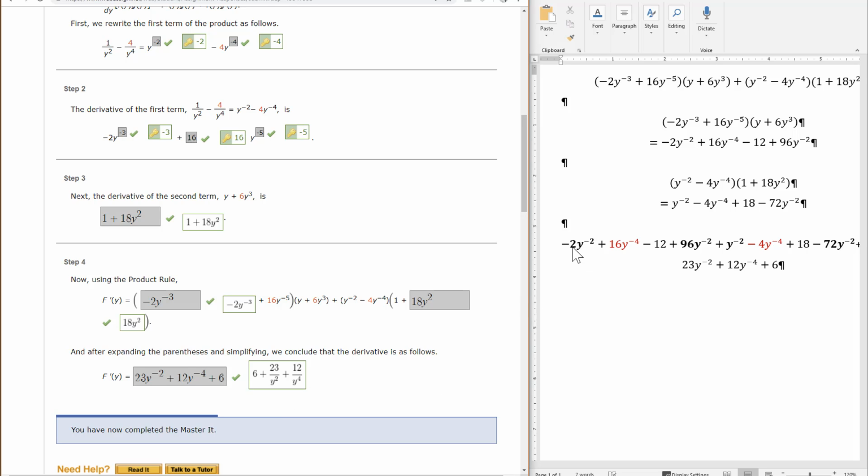The hardest part here really was the simplifying, and a lot of times you want to simplify to make sure that you got the correct answer if you're matching with the back of the book, or you simplify so that when you take the derivative again, in case you have to, you'll have an easier function to take the derivative of instead of something really complicated like what we had here in the beginning. All right, so hopefully that helps.